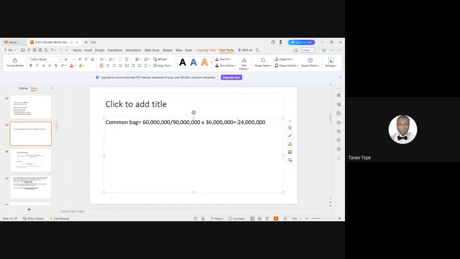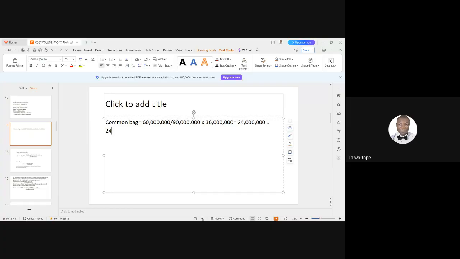How many common bags will I sell to give me 24 million, the break-even point in units? How much are we selling one common bag? 200 naira.